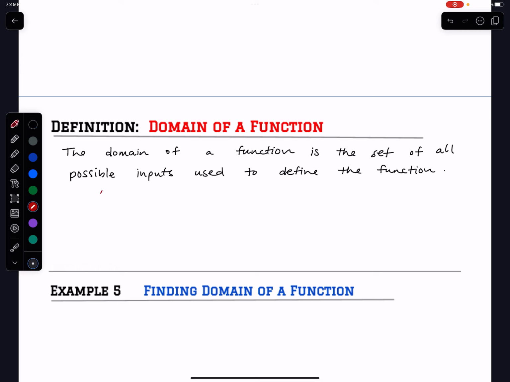So in other words, the x's we are allowed to plug in.